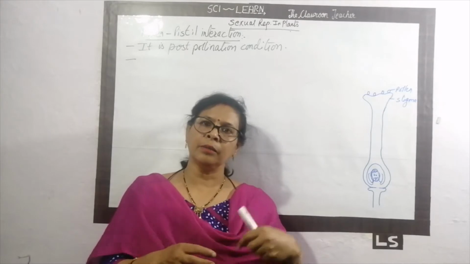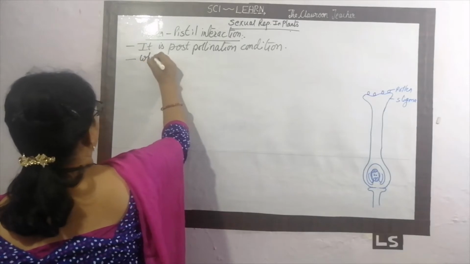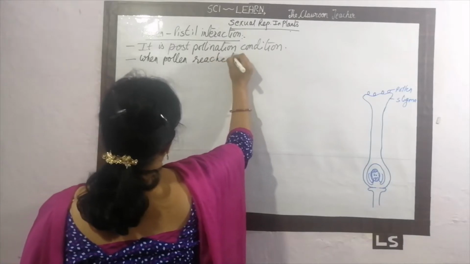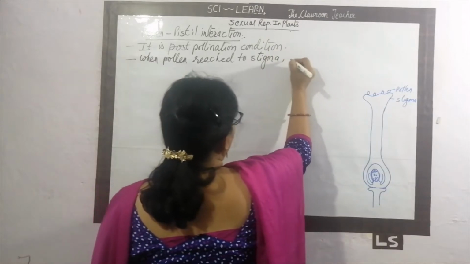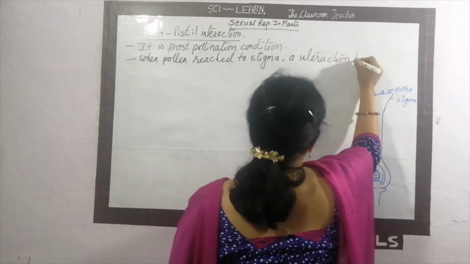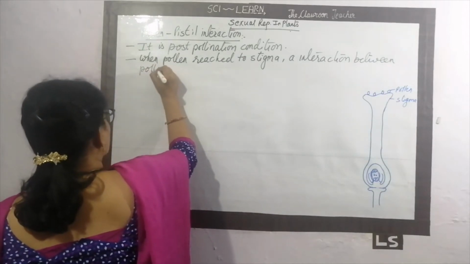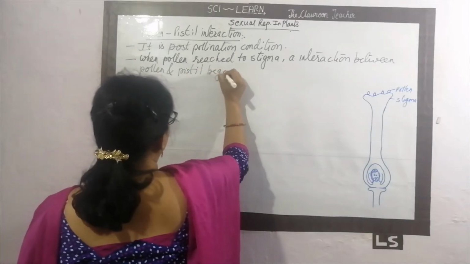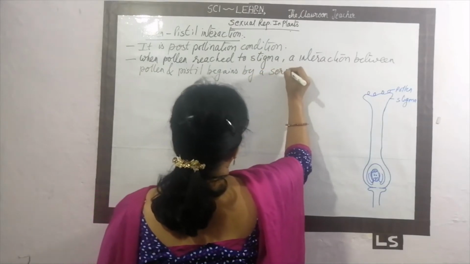How are they interacting? By releasing a series of chemicals. When the pollen reaches the stigma, the interaction between pollen and pistil begins by a series of chemicals.